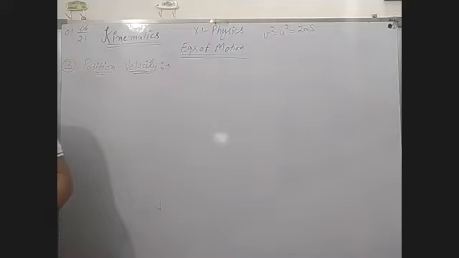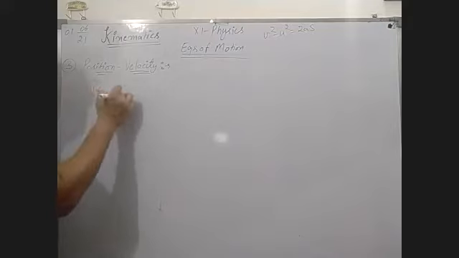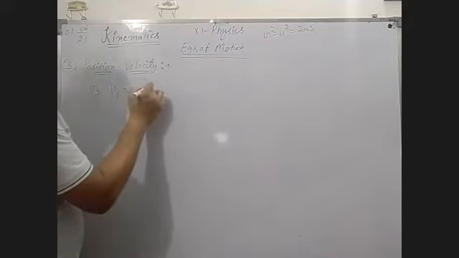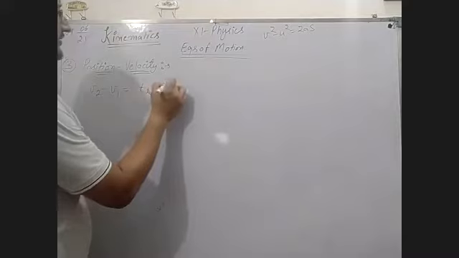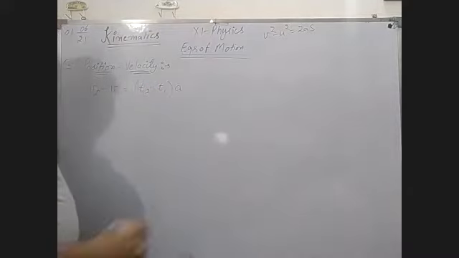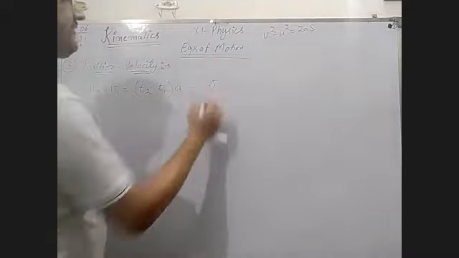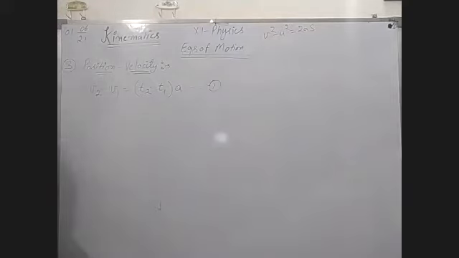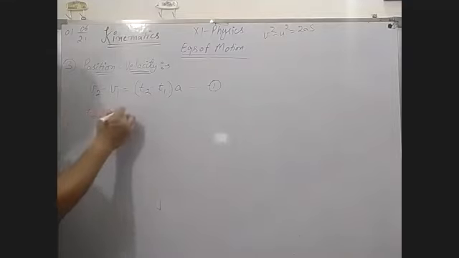A value from equation first, that is v2 minus v1 is equal to a times (t2 minus t1).